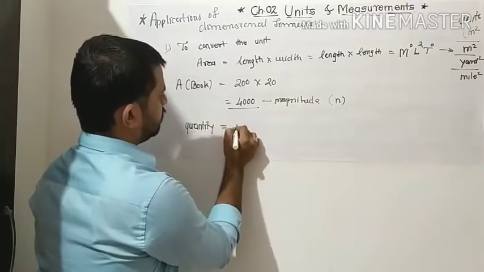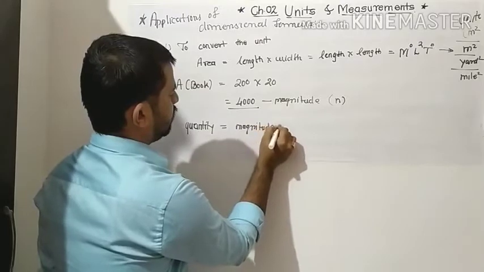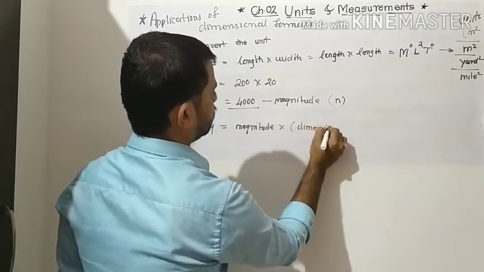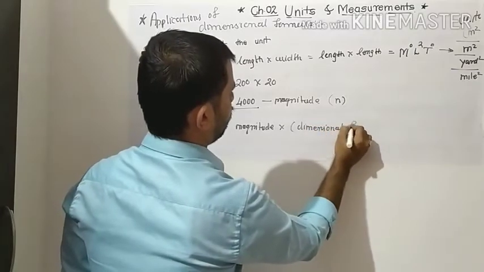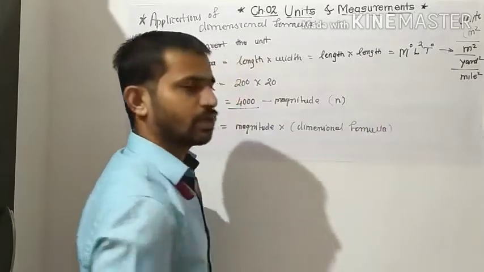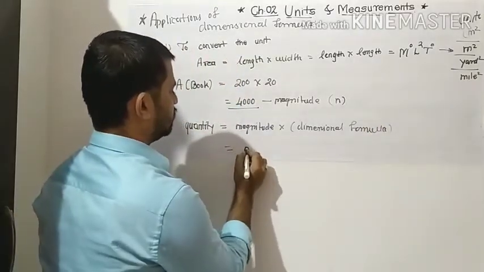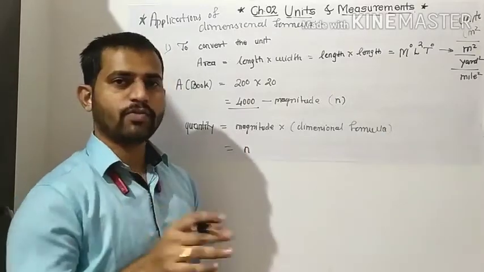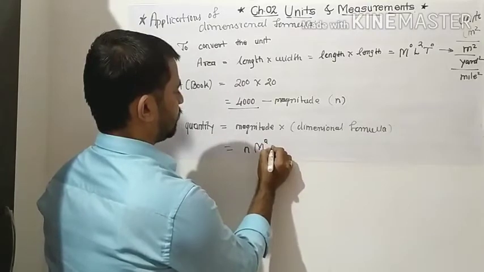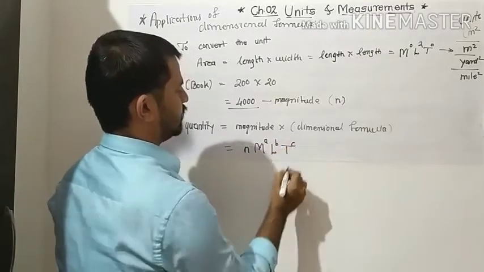So the quantity is equal to the magnitude into its dimensional formula, or we can write it as n times, suppose the dimensional formula in terms of M raised to a, L raised to b, T raised to c.